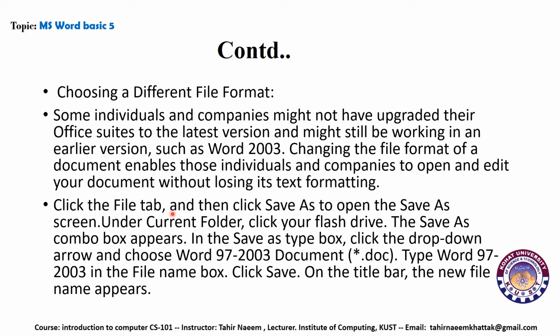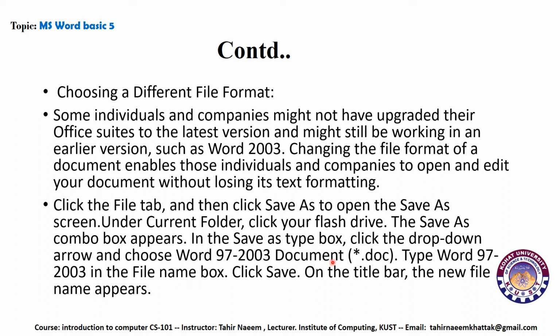Click on the File tab, then click Save As to open the Save As screen. Under the current folder, click your flash drive. The Save As combo box appears as previously shown. In the Save as type box, click the drop down arrow as I have previously mentioned, and choose Word 97-2003 document, or star dot doc.